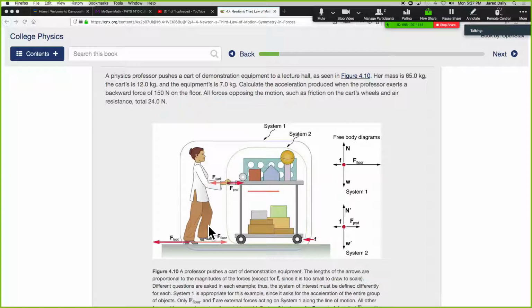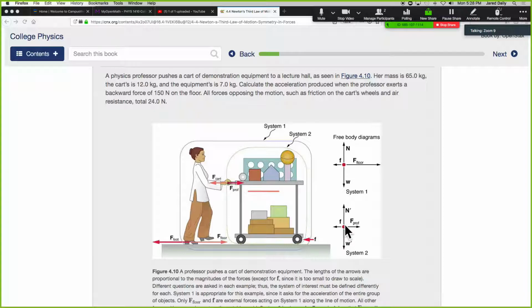We also have the friction pushing on the cart. And we also have the weight of the cart on the floor, the normal force from the floor on the cart as well, those just get canceled out. But if we're just talking about system 2 here, just the cart, we don't consider the professor pushing on the floor.